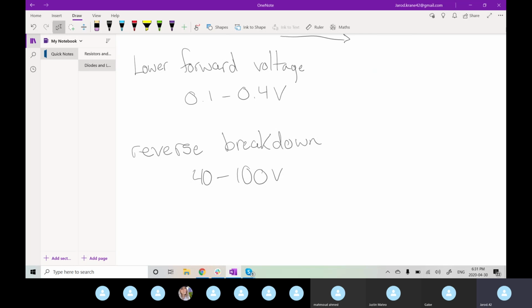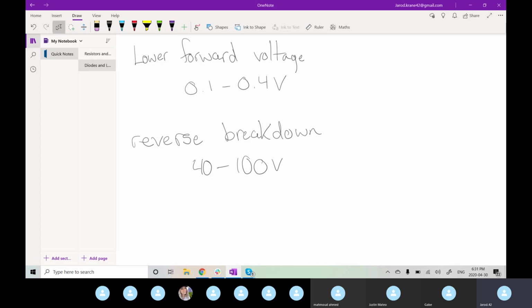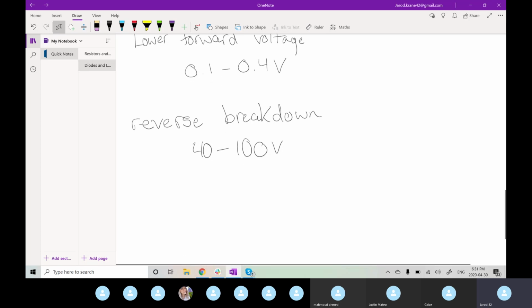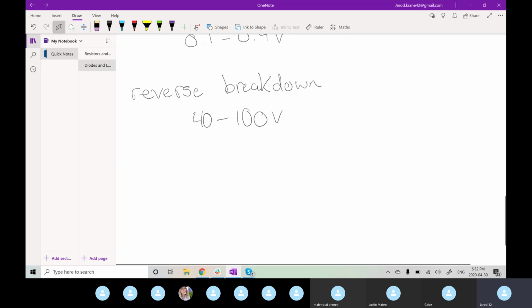So they're better for the low voltage systems, especially when you want low voltage drops. Other than that, they have all the same functionalities, blocking as they want, only allowing forward voltages.